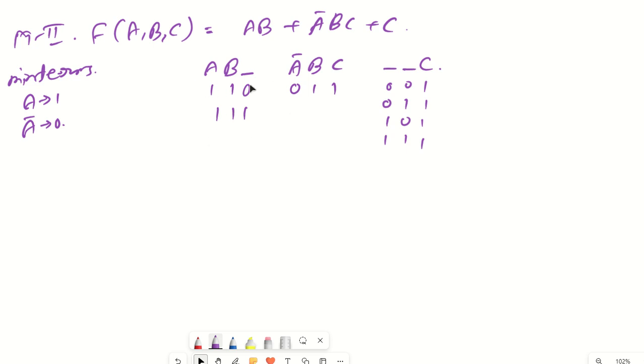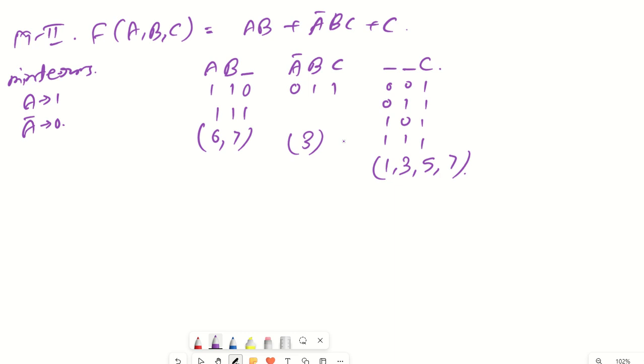Now you list out quickly the decimal equivalent of each term. So can you see here it is nothing but 6 and 7, and here it is nothing but 3, and here it is nothing but 1, 3, 5, 7. So what would be my min term expression?